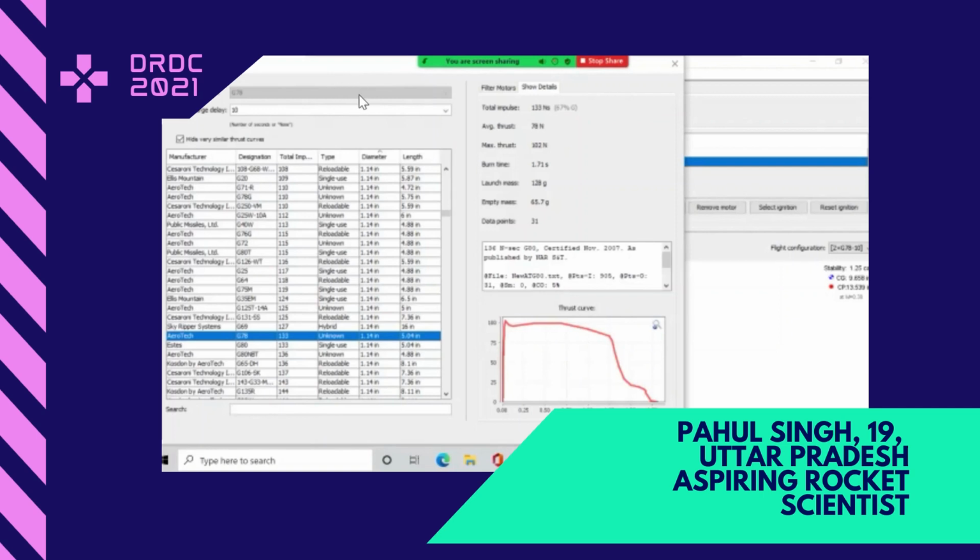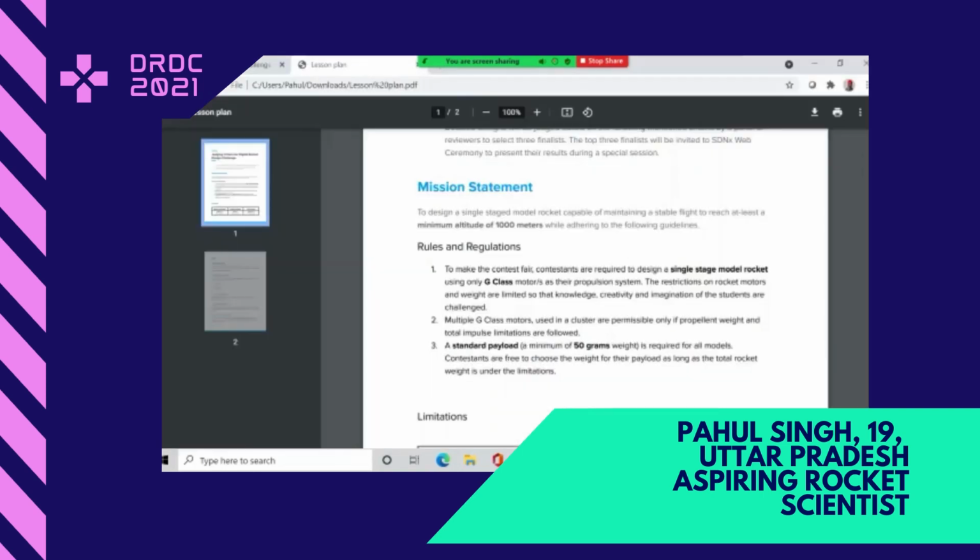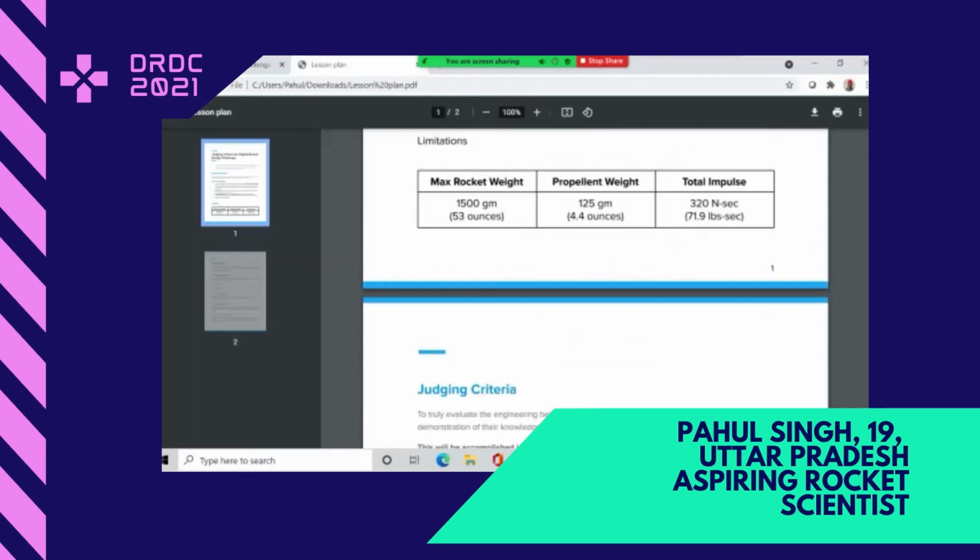Using two motors, I have a net impulse of 266 Newton seconds, and we had to take a max total impulse of 320 Newton seconds, so this is well below the limit.